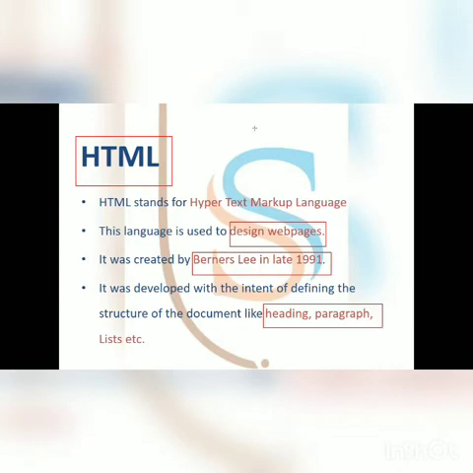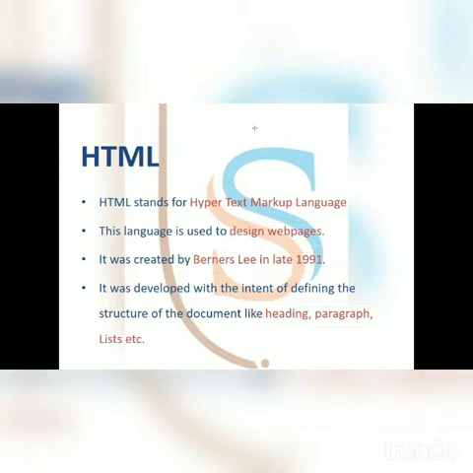So basically, HTML language is used to design web pages. It was developed with the intent of defining the structure of the document, meaning how our document will look: headings, paragraphs, lists in our web page.